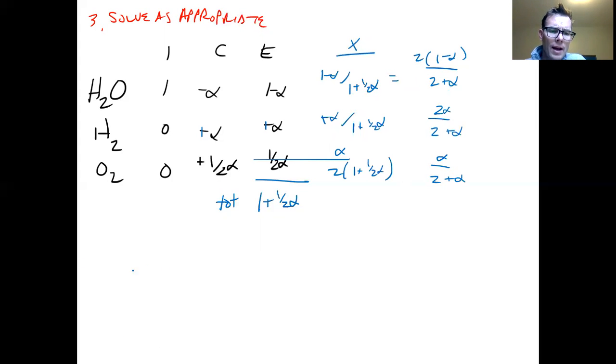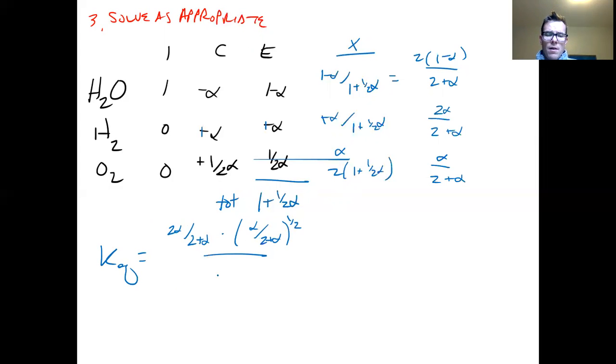Plug things into my expression for KEQ: equals 2 alpha over 2 plus alpha, times alpha over 2 plus alpha raised to the 1/2, over 2 times 1 minus alpha over 2 plus alpha, times P tot over P standard raised to the 1/2.